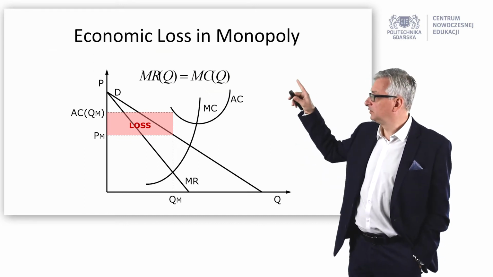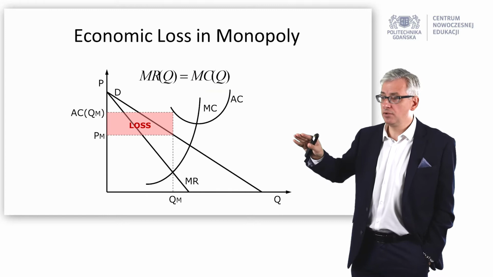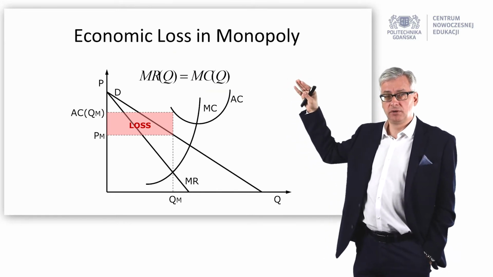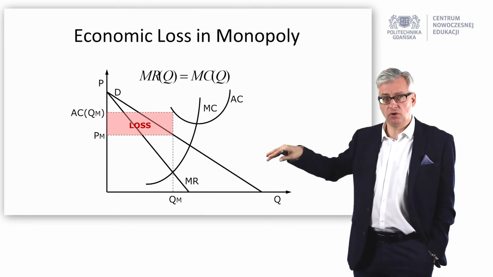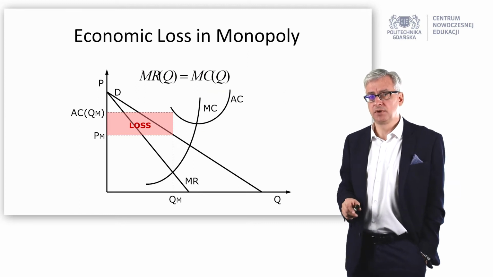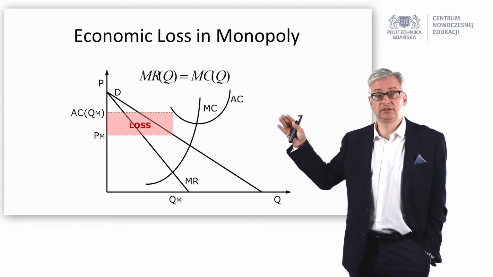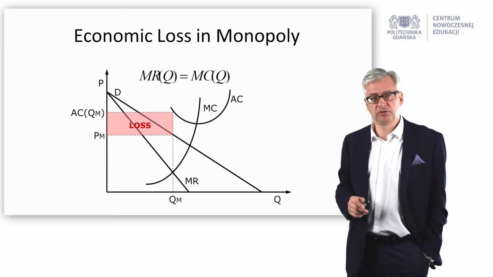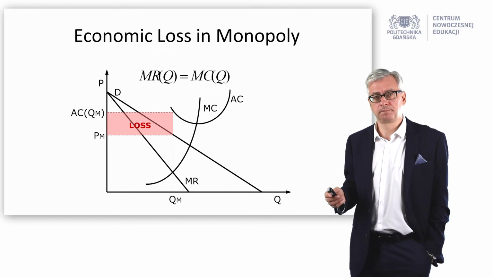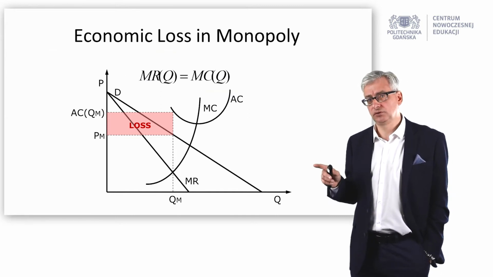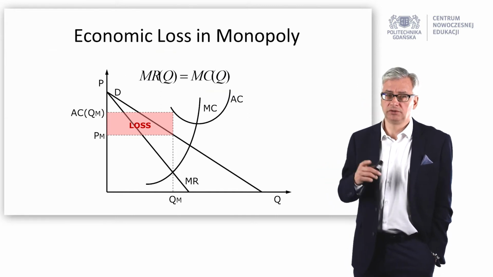If you imagine this D line that you grab and drag to make a bigger distance between this D curve and the origin of the coordinate system, if you increase demand, in other words, if you shift it to the right, then it would be possible to have profits again. So economic loss in monopoly comes either from too high costs or too small demand.